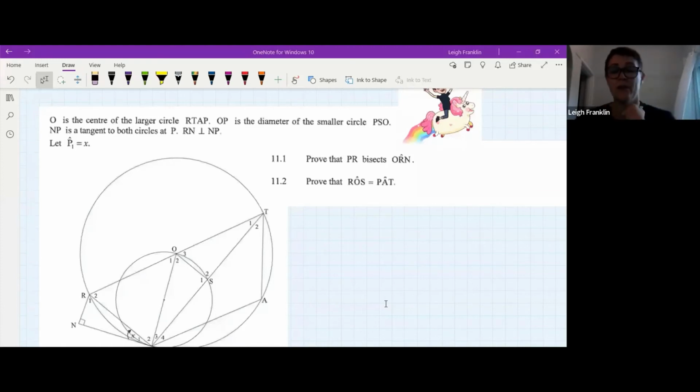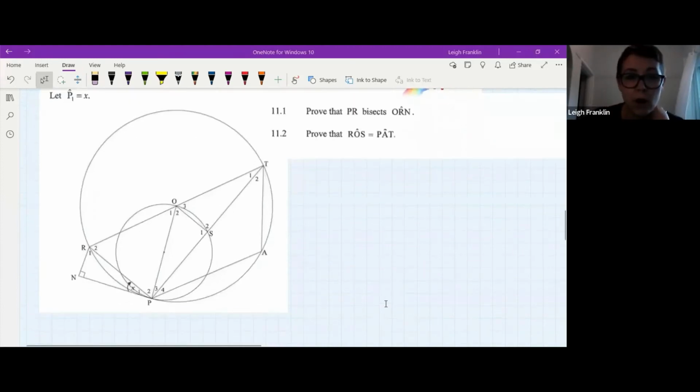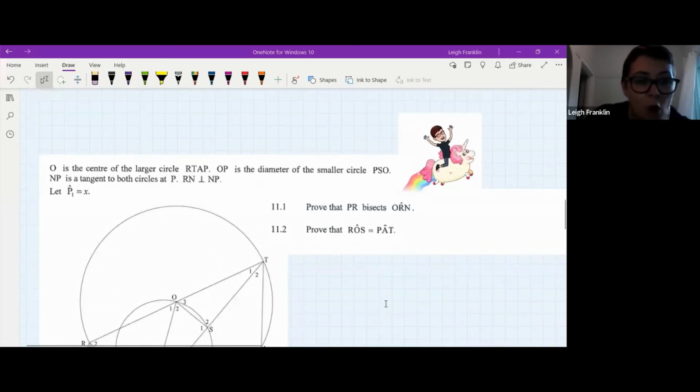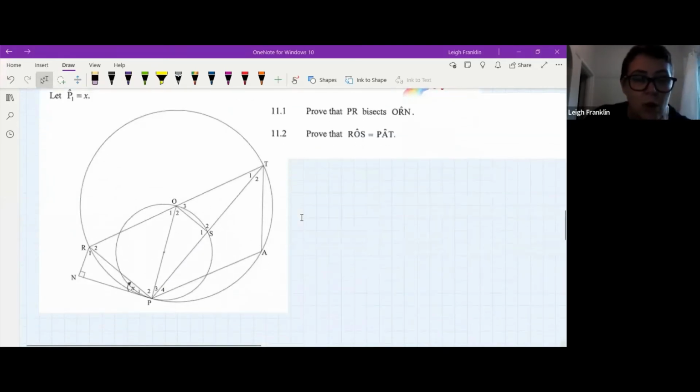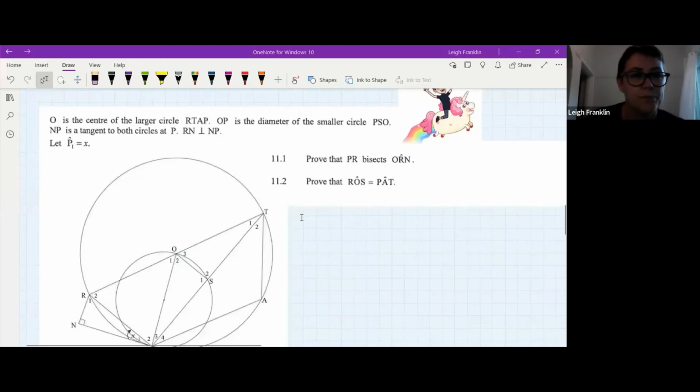Okay, so now again, there is so much going on in this diagram. We're going to have to go up and down to move everything. So the first thing that they tell us is that O is the center of the circle. So the minute we see that O is the center of the circle, what do we start thinking about? What key word is important here?